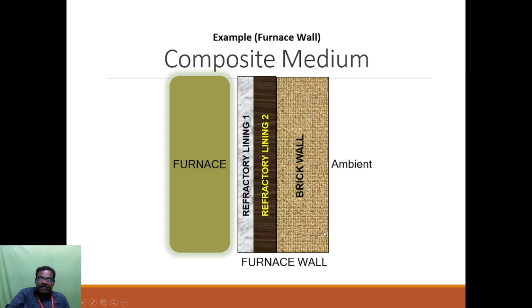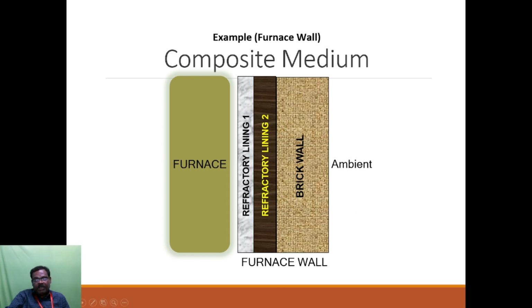So consider this is a composite wall. Composite wall. This is made up of 3 different plane surfaces. This surface is made up of refractory lining 1. This one is made up of refractory lining 2. This one is a brick wall.